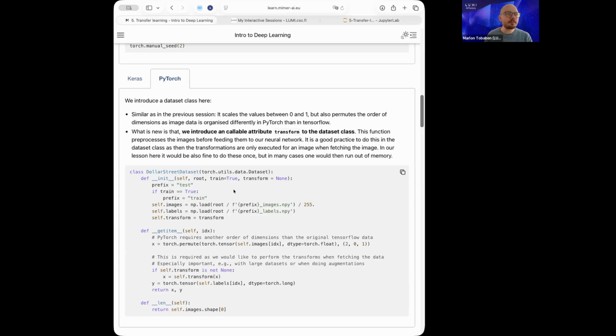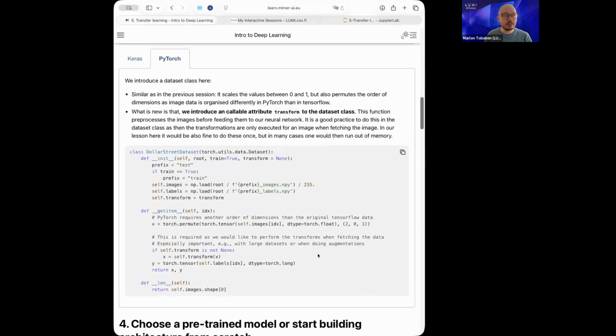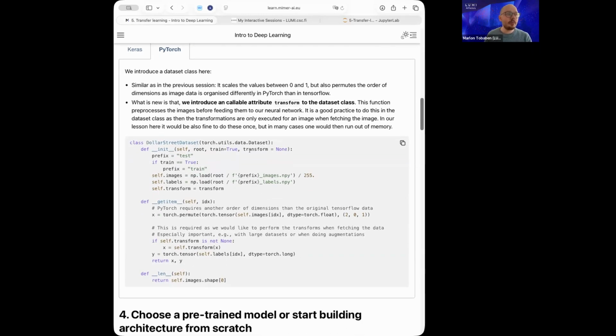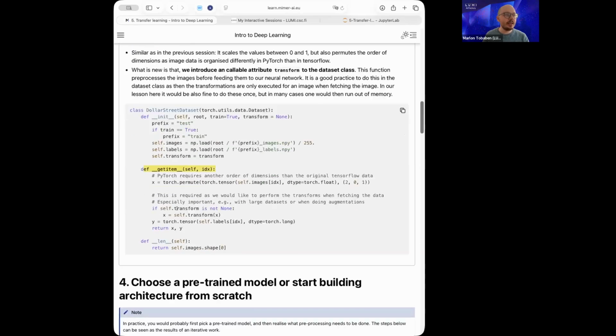So in this case, we have the very same class, very similar to what we've seen, but we have a new attribute we can pass, and it can be a function. And what this does is that when we get the item, so when it's used, then if this is defined, this function gets applied to the data.